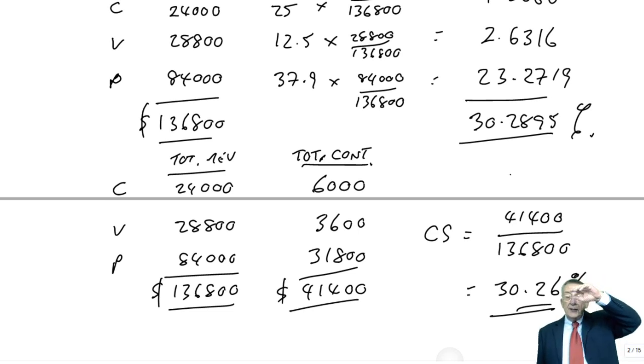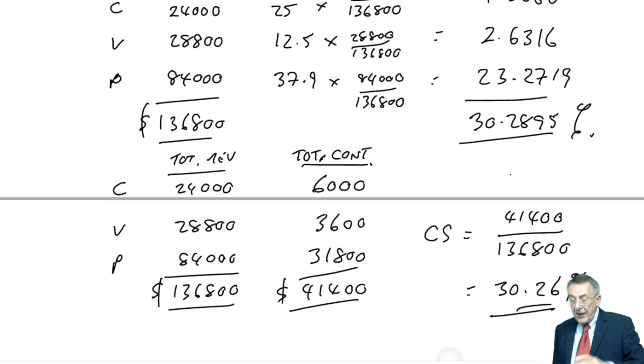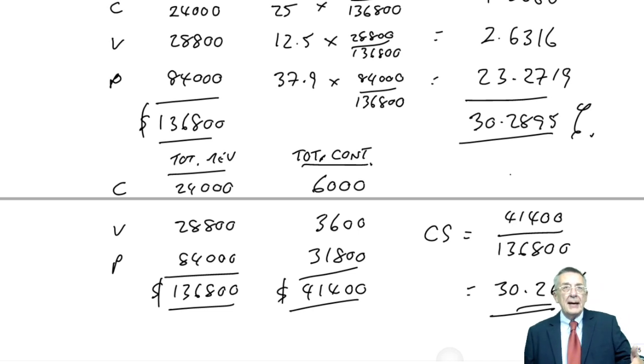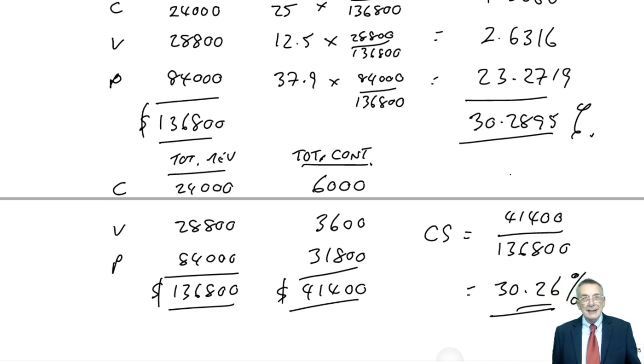The point is that on our budgeted figures, there is the CS ratio. Now, fine, we may actually end up selling more, we may end up selling less, but the CS ratio will only remain at 30.26% if we carry on selling in the same proportions.